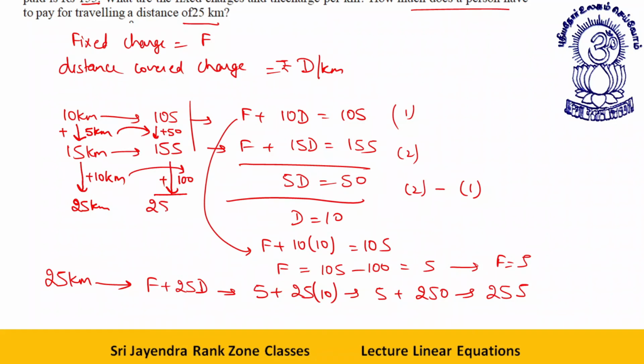That will be 255. If you don't want to use linear equation, you can also do it by this method. Okay, dear students. Should I move towards the next one? Clear now?